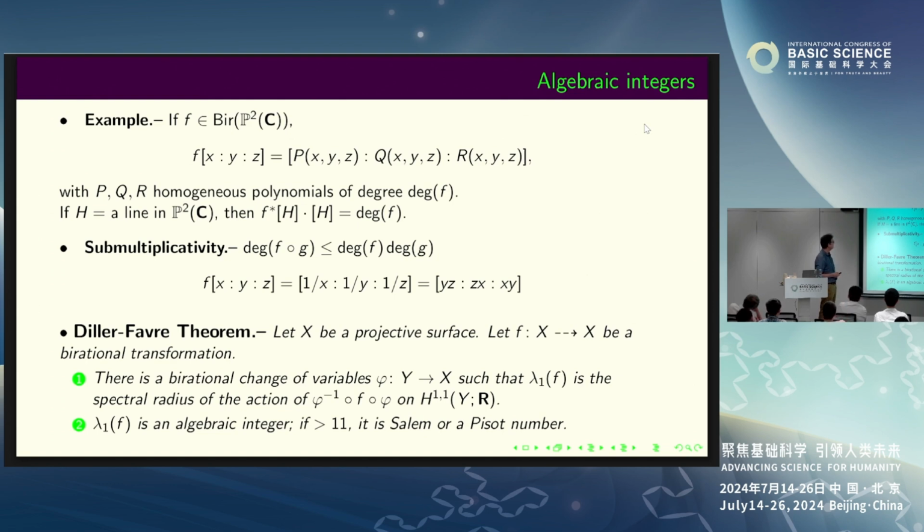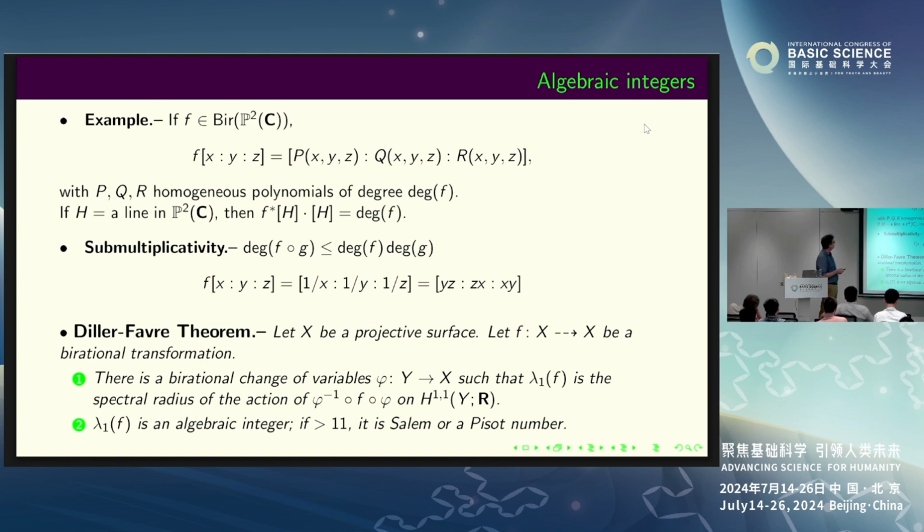Now, if you take a birational transformation of P2 and you use homogeneous coordinates, you can always write your transformation using homogeneous polynomials P, Q, and R of the variables x, y, z, with the property that they have the same degree and they have no common factor. And this common degree is the degree of f. It's exactly the degree I was defining at the beginning of my talk.